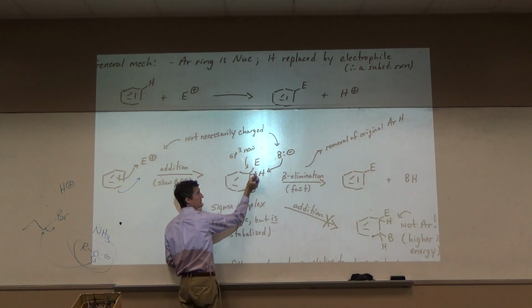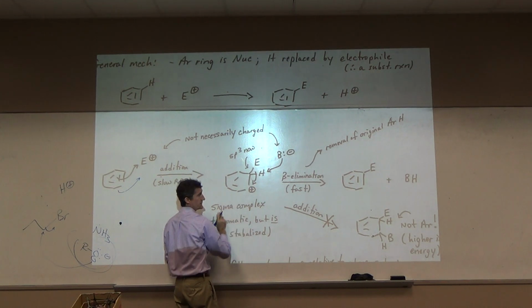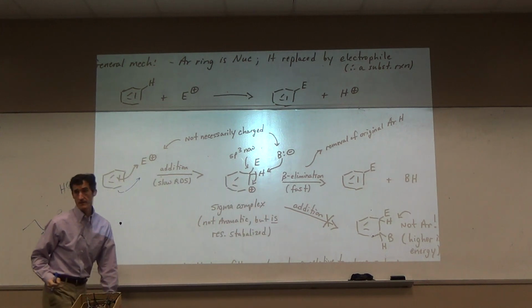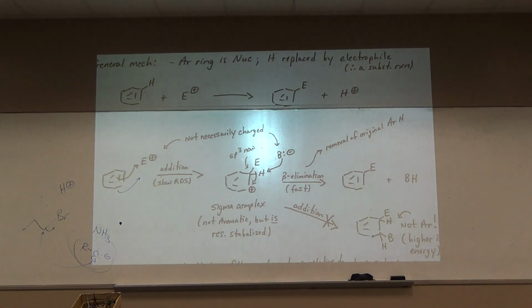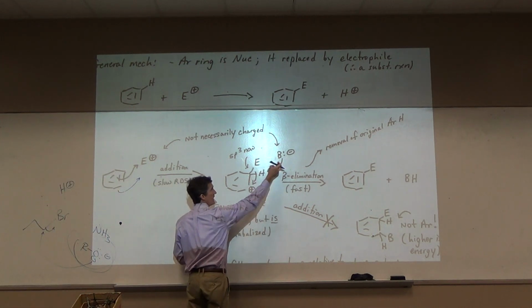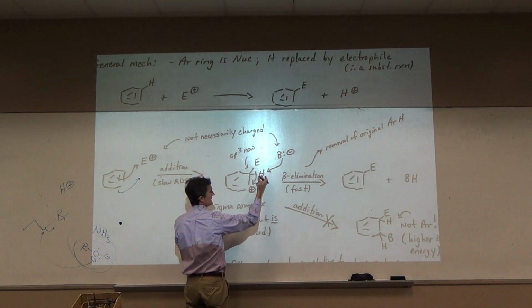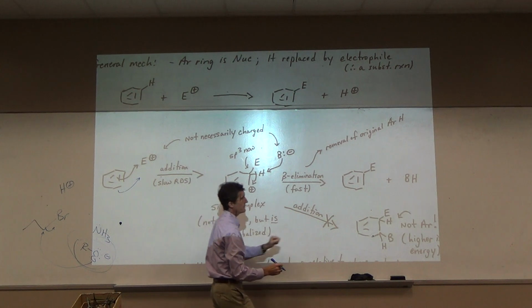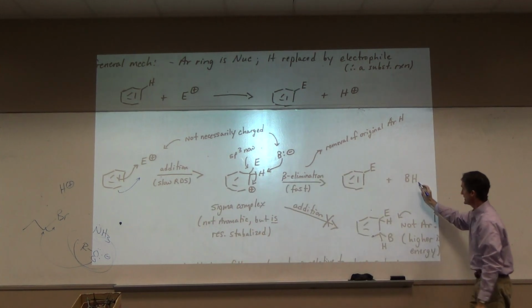Then the 2 electrons from that bond fall in to make the pi bond again. If you can follow the electron movement here, you see that. But this is H plus, because when we take H's, it's H plus because we're not taking the electrons. Now the base is bonded to the H plus.